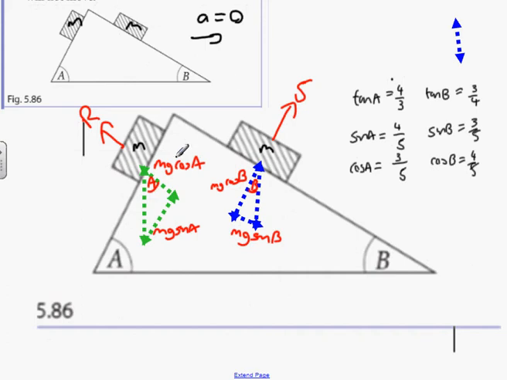Mg cos A is 3 over 5 mg, no bother. Next one, 4 over 5 mg. This one here is the opposite way around, 3 over 5 mg.